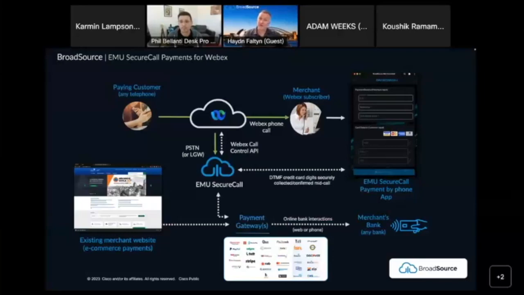And what our integration does is it leverages the in-call state that's running between a merchant in a retail point of sale or in office accounts teams or in local government environments where they're using Webex calling endpoints, but they're talking to customers who are in the process of about to pay for something by phone, make a booking, maybe put a deposit down on something, or to finally accept that quotation about 10 minutes after they've walked out of the store.